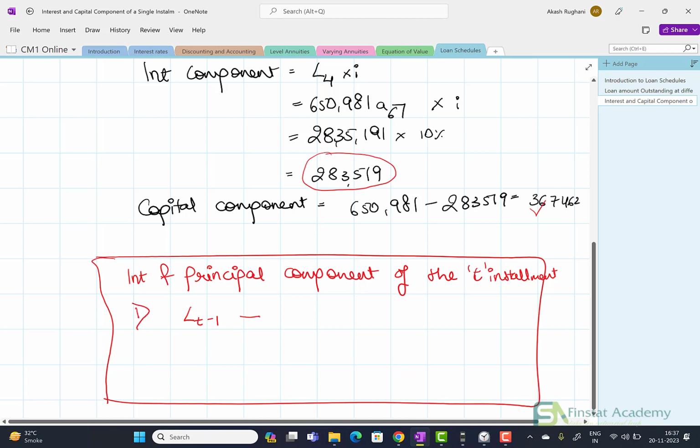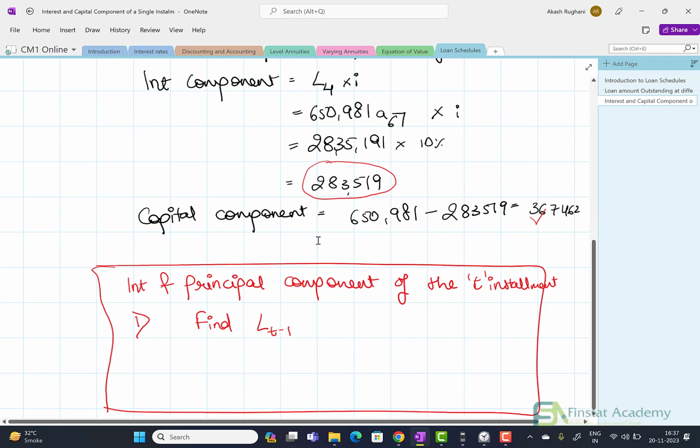So step 1 will be find L(t-1). In this example it was the fifth, so I calculated L4. Then the interest component will be nothing but L(t-1) into I.